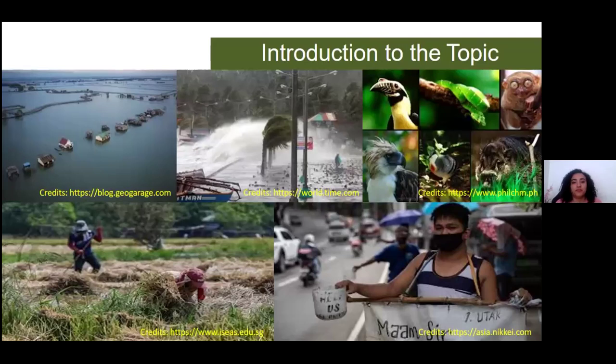As you can see in the pictures, climate change is a pressing global issue with far-reaching consequences. The Earth's average temperature is rising at an unprecedented rate due to our influence through human activities.